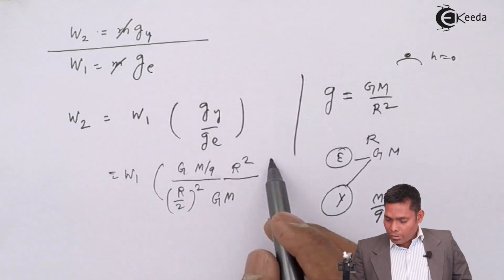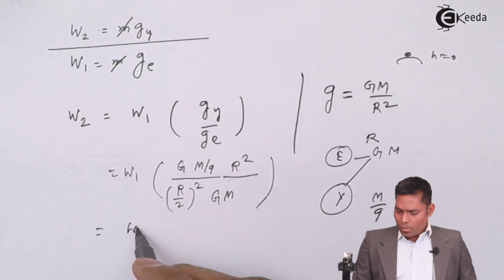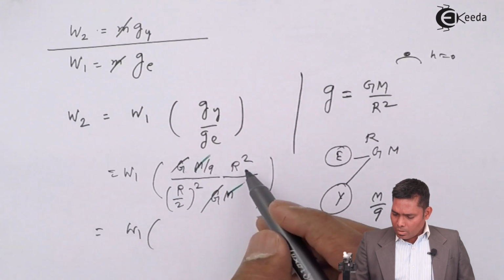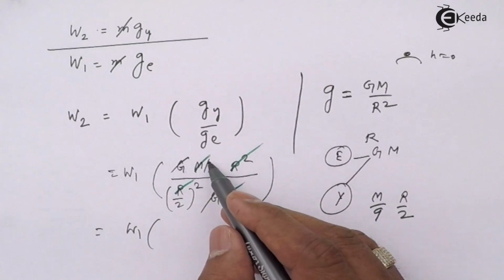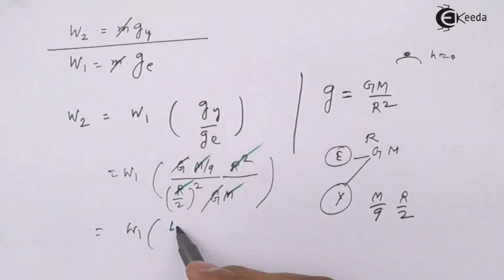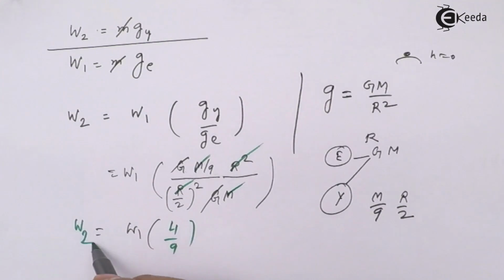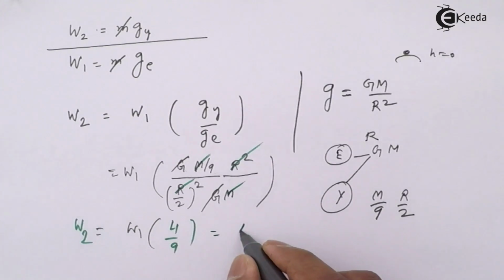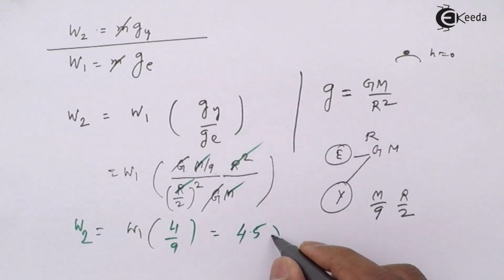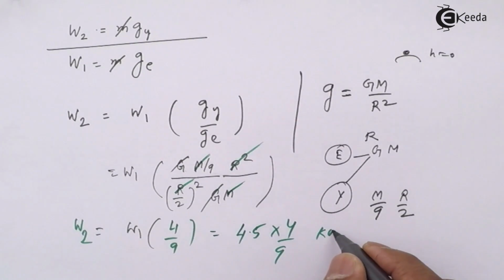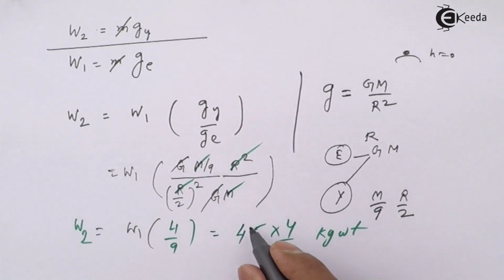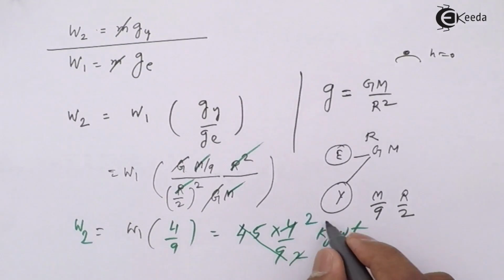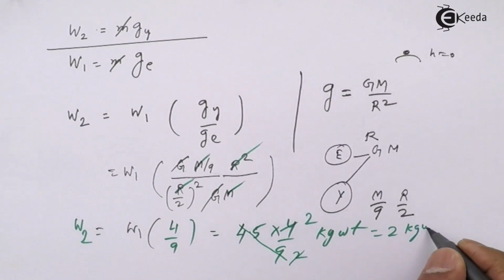If I solve this, G will cancel out, M will cancel out, R square will also cancel out. This is 1 by 9, this is 4, so 4 by 9. So W2 is 4 by 9 times W1, and W1 was 4.5 kg weight into 4 divided by 9, so this answer also will be in kg weight. 4.5 twos are 9 and 2 twos are 4, so the answer comes out to be 2 kg weight.